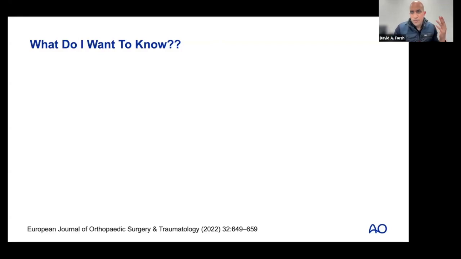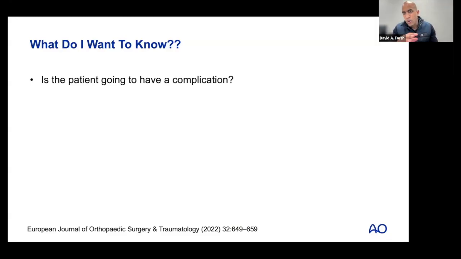So back to the big questions that I ask. So what do I want to know? So is the patient going to have a complication? And there's not a whole lot of literature out here, but there's enough that kind of helps inform us. I referenced one of the papers that came out a couple of years ago from the European Journal of Orthopedic Surgery, where they collated a lot of different papers that included over 3,900 patients.